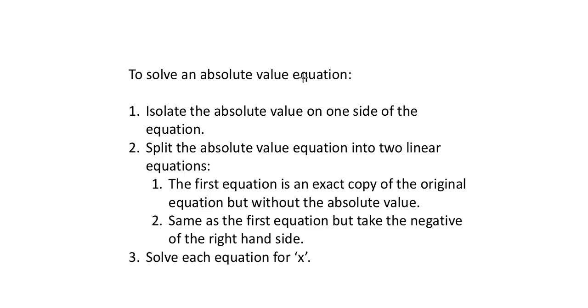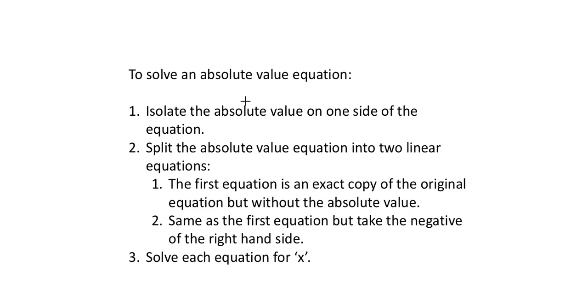So to solve an absolute value equation, isolate the absolute value on one side of the equation first. So before you can apply that pattern we were just talking about, the absolute value does have to be by itself. So get the absolute value by itself, then you split your absolute value equation into two linear, or what I like to sometimes refer to as ordinary or normal equations. Those are definitely not mathematical terms, but just equations that you're more familiar with.